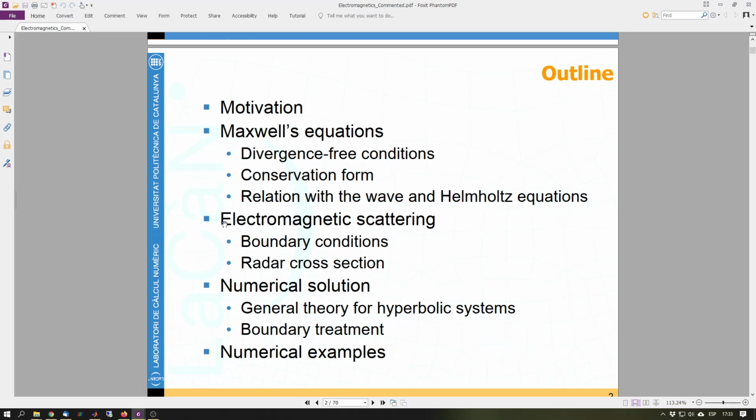Applications span from electromagnetic scattering, with many applications in biomedics, transport and detection also, and numerical solutions. So we'll see how we can face the sensibility of the geometry that the solution has.